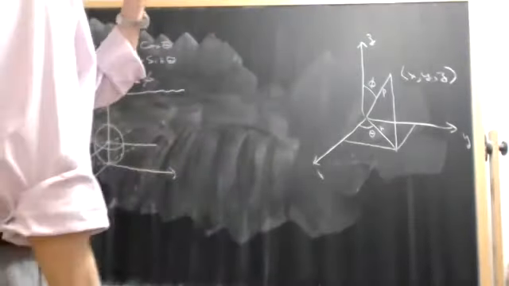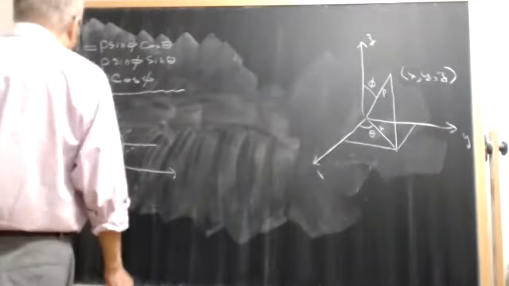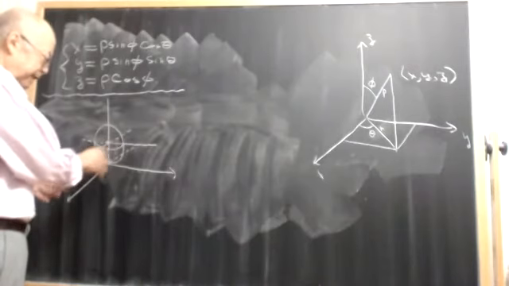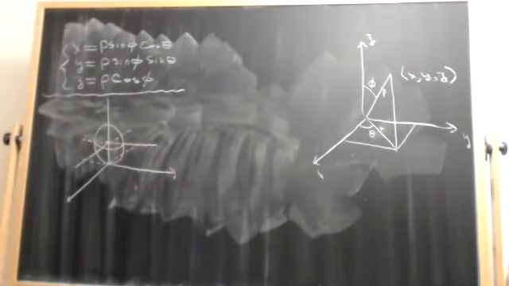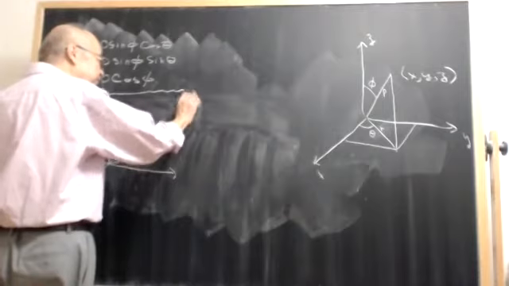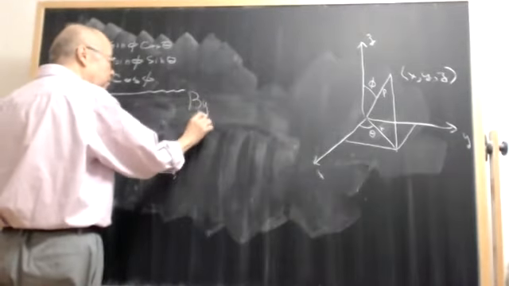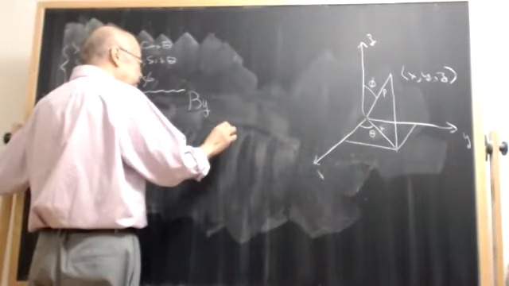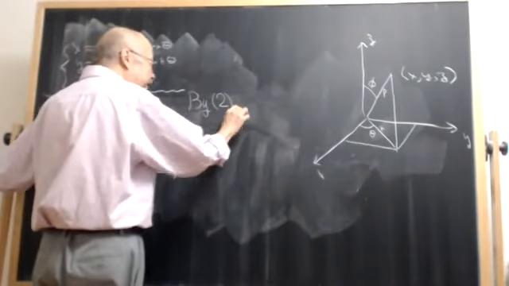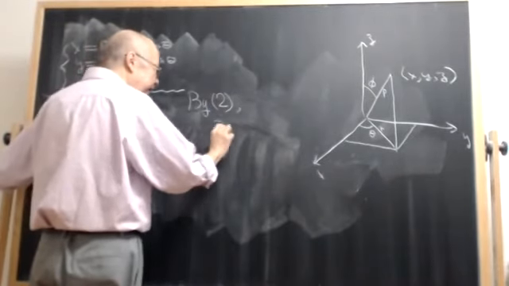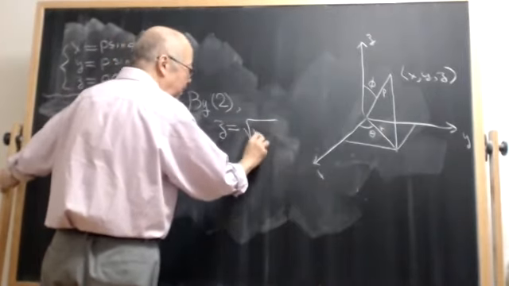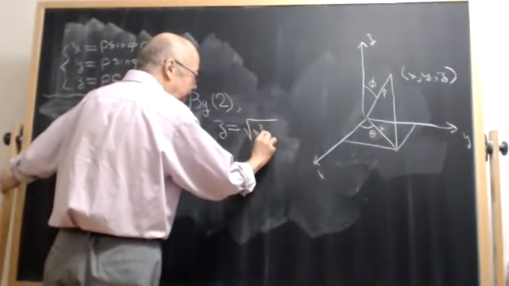I hope it's not too confusing because I'm not going to write down any letters on it. Next, I have to look at equation 2, which tells us that z is the square root of x squared plus y squared.